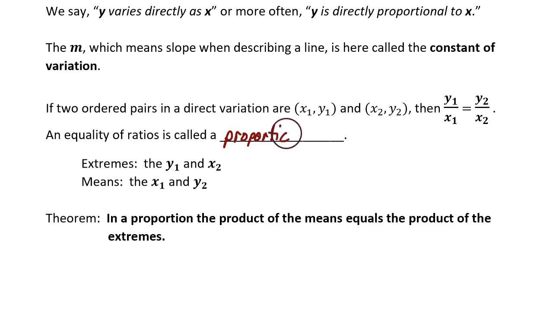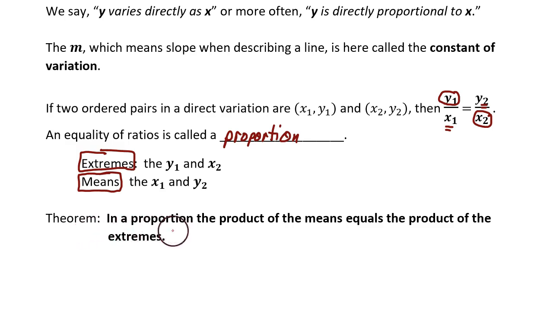You will have solved proportions before in middle school and in Algebra 1 class. Terms in the different positions in a proportion have names. The upper left term and the lower right term are called the extremes. The lower left term and the upper right term are called the means. Here's a review of a theorem from Algebra 1 class.